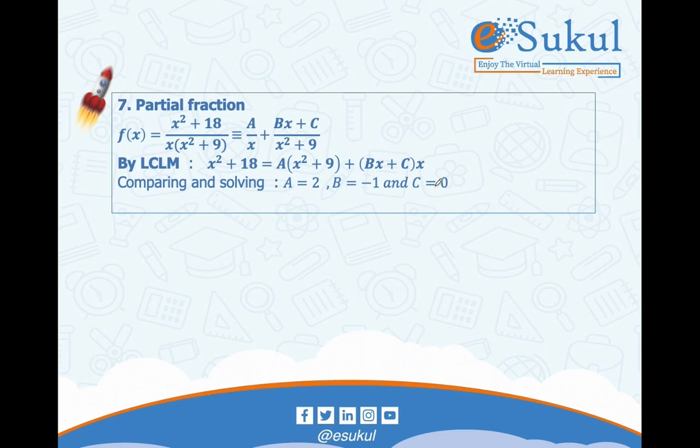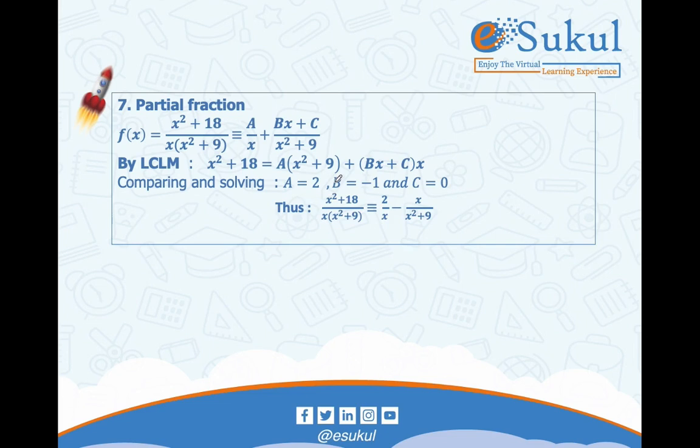Comparing coefficients, we have 1 equals A plus C. So as you can see, solving and simplifying gives us 2, -1, and 0 for A, B, and C. Thus, we have our generalized partial fraction expression: (x squared plus 18) over x times (x squared plus 9) equals 2 over x minus x over (x squared plus 9).